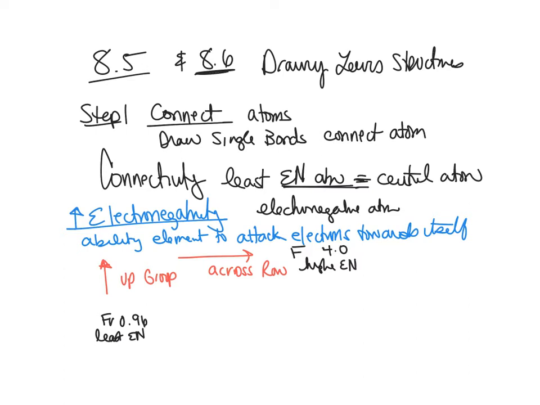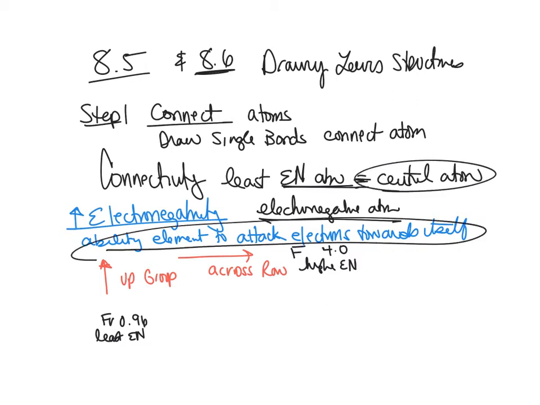Linus Pauling got a Nobel Prize for assigning electronegativities and charts and bonding. These bonding concepts are what we follow. So the least electronegative atom between the two would be the central atom. Okay, so for connectivity, we're going to have to connect the atoms.